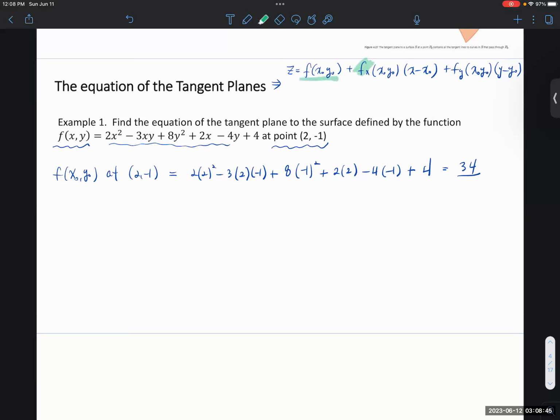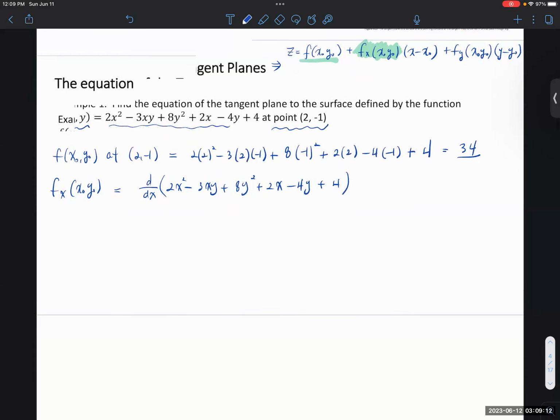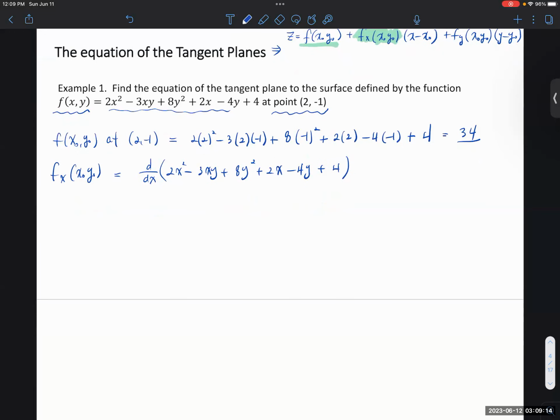And now we just finished this part. I'm going to find out the partial derivative of f with respect to x at x0, y0. So the partial derivative d over dx of 2x², 3xy, 8y², 2x minus 4y plus 4, we take the derivative with respect to x.